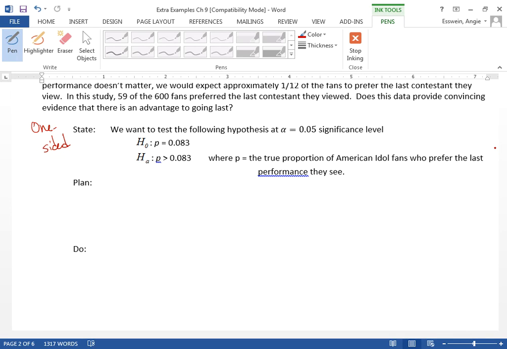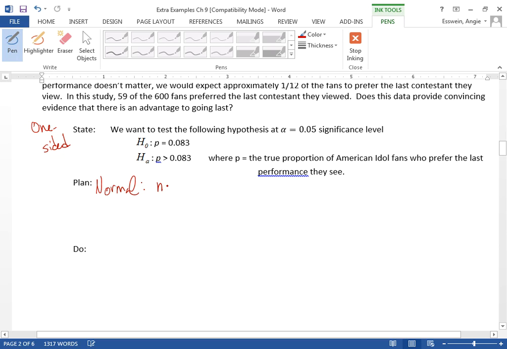And then the normal condition, I think we'll write that in our plan because some people are still missing that one. What is the normal condition for proportions? It's np and n(1 minus p), the number of successes and failures, has to be at least 10.